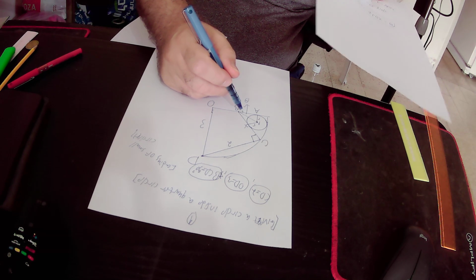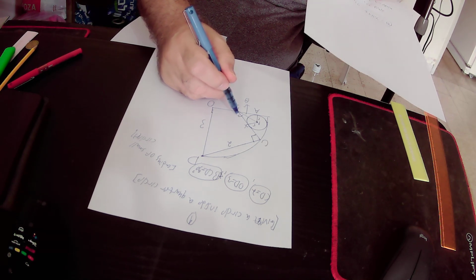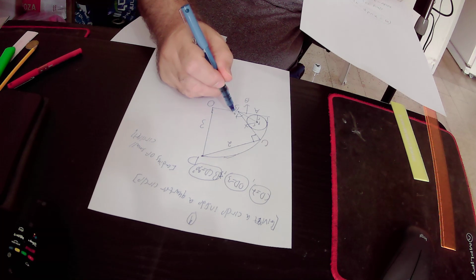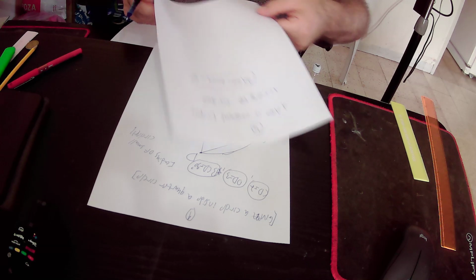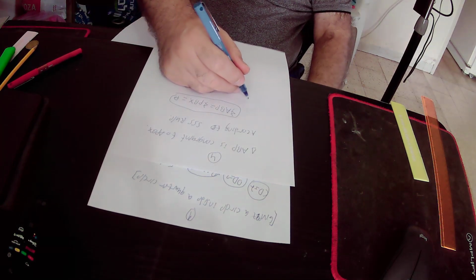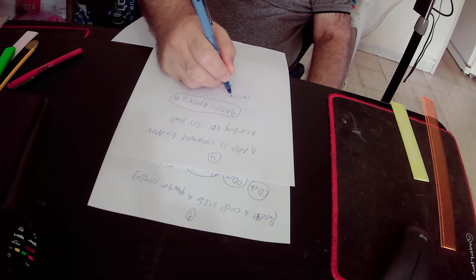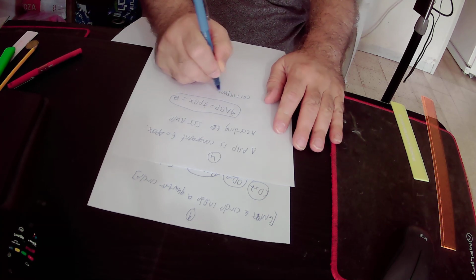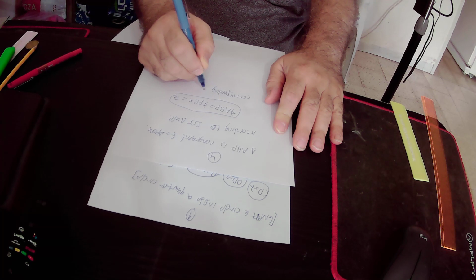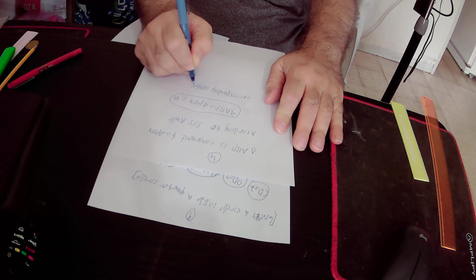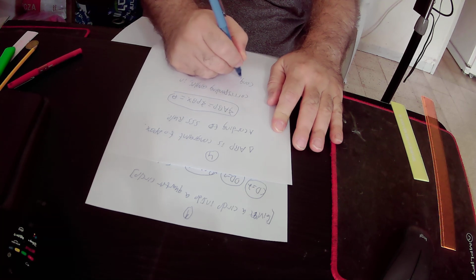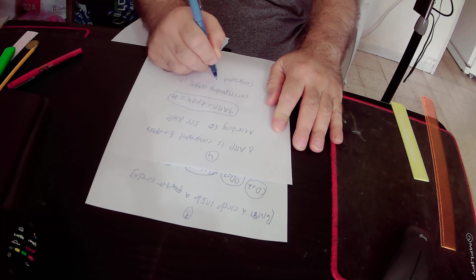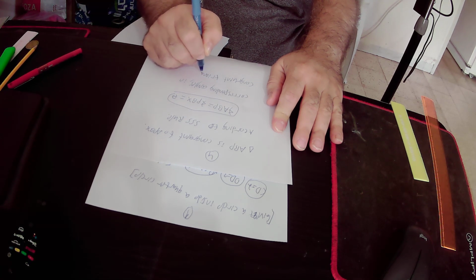So angle PBX, this angle, is also equal to theta according to the rule that corresponding angles in congruent triangles are equal to each other.